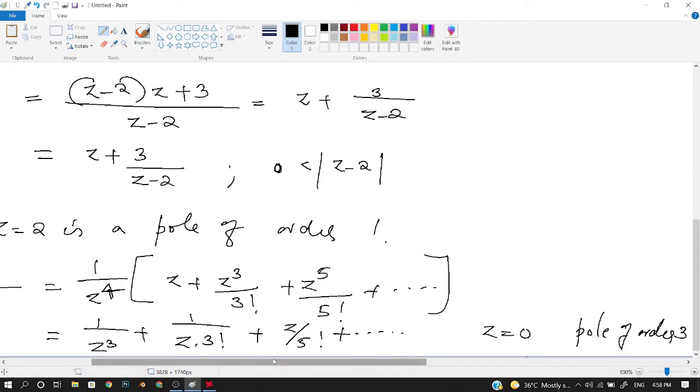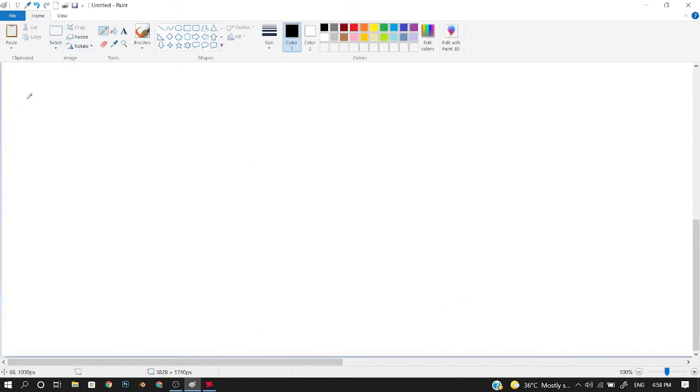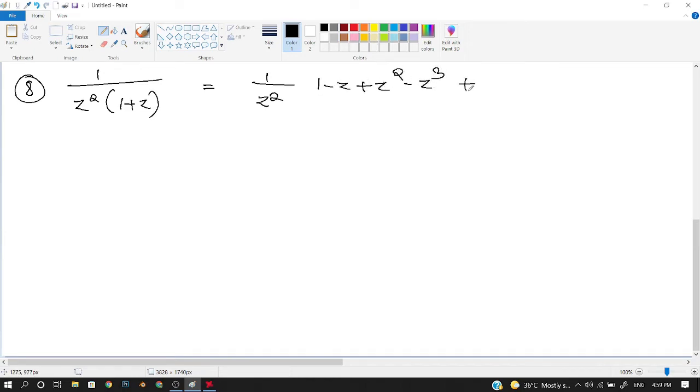Now we can consider another example now. One by z square into 1 plus z. This is same as 1 by z square, then 1 by 1 plus z. That is 1 minus z plus z square minus z cube plus etc. And this expansion is valid for 0 less than mod z less than 1.